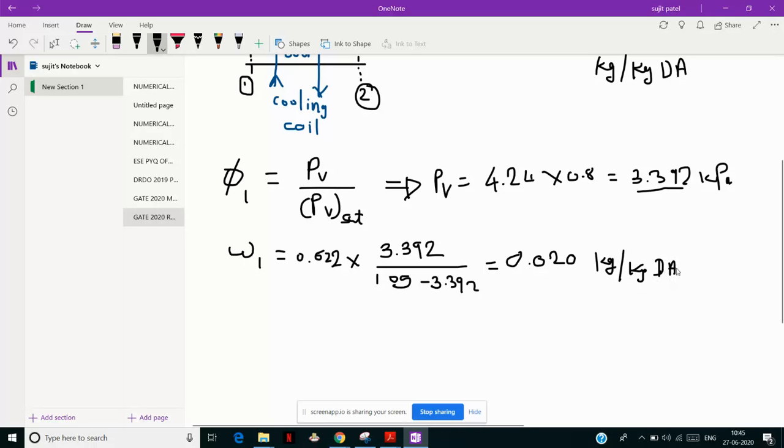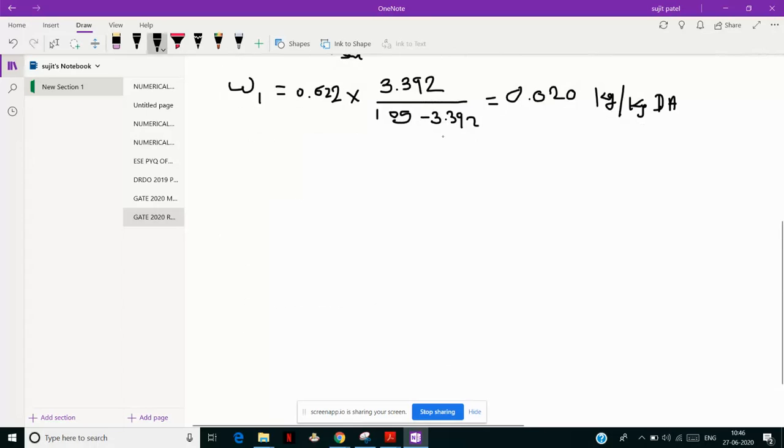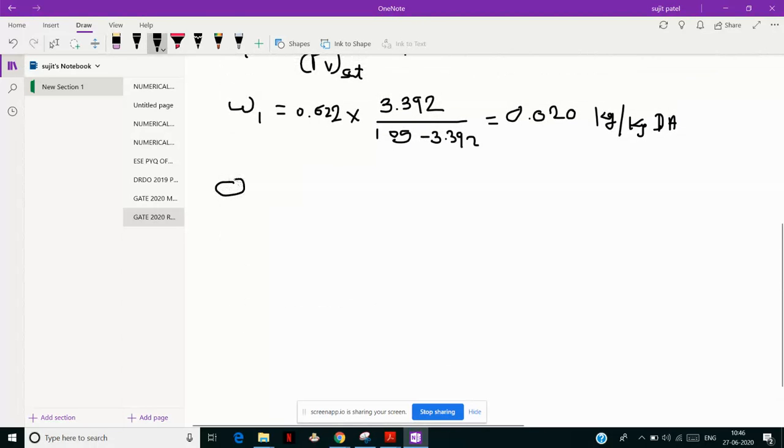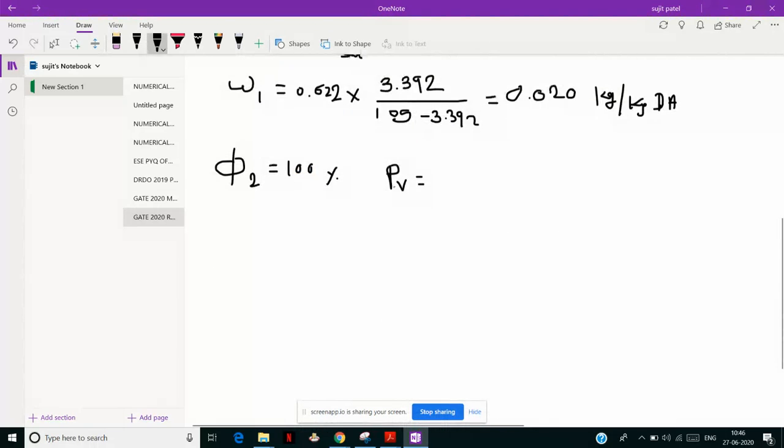Same thing now. It is given that the air is saturated at exit, that means the relative humidity at exit is 100%. So the saturation pressure will become the partial pressure of the water vapor at that exit condition. So it is given as 1.7 kilopascal.